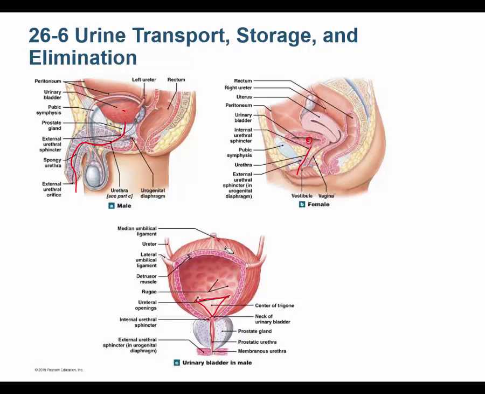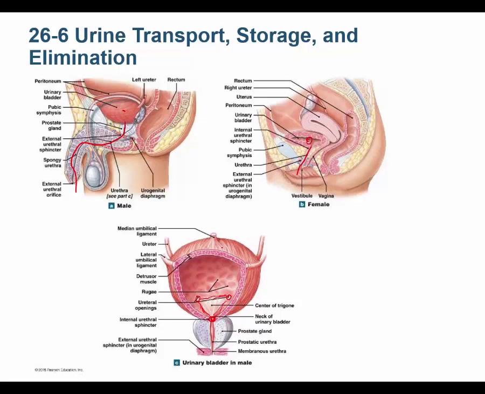Where your two ureters come in, there's the hole where the ureter enters, and where your urethra exits, that hole creates this triangular portion. This triangular portion is not composed of the transitional epithelial cells that the rest of the bladder is. So this is called the trigone of the bladder.